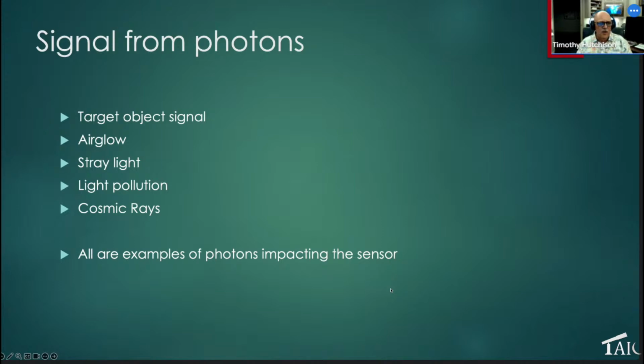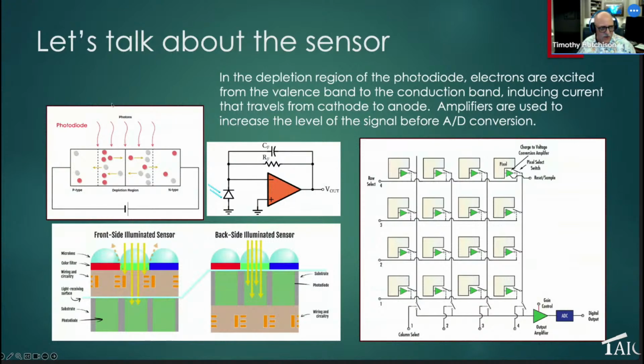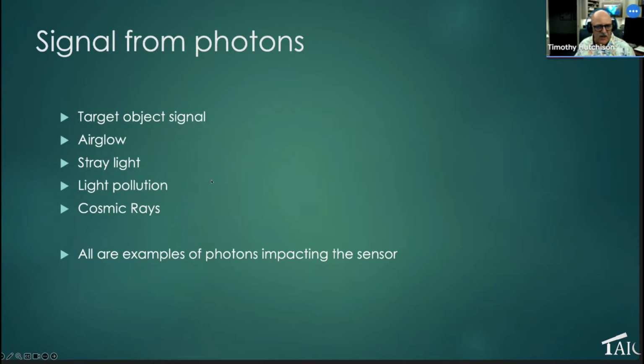Okay. So let's talk about signal from photons, right? We talked about here in the photodiode how photons come in, impact this depletion region, and it causes signal, right? It causes an excited state of electrons that makes current in the photodiode. What is it that's causing that signal? Well, there's lots of things. There's photons from the target object. We know that. We also get photons from air glow. That's light, photons that are going to impact that photodiode as well.